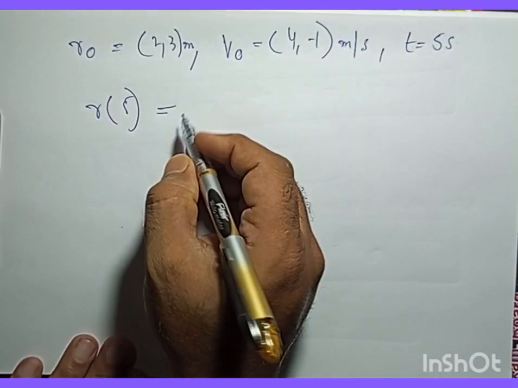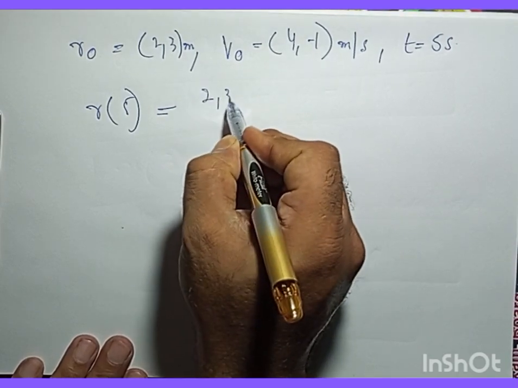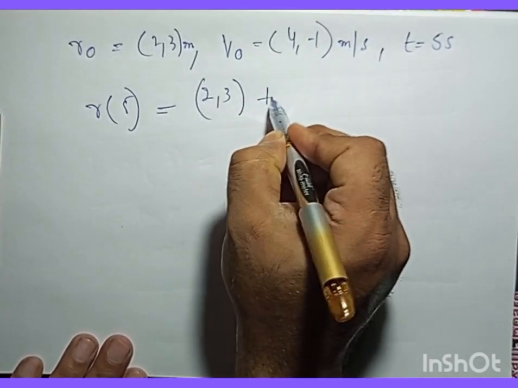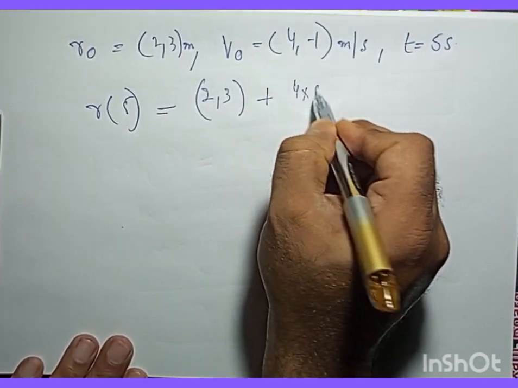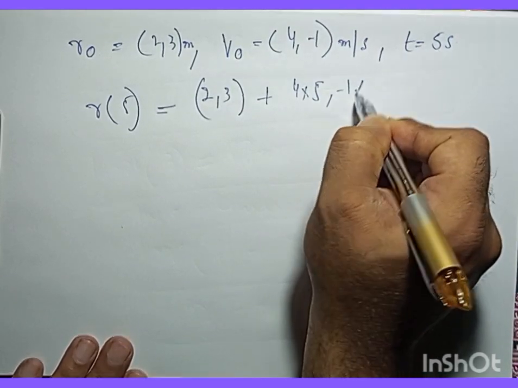It's going to be 2 and 3, plus 4 times 5, comma, minus 1 times 5.